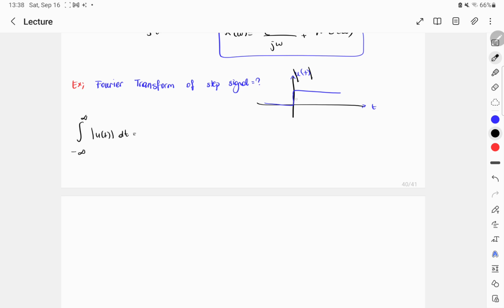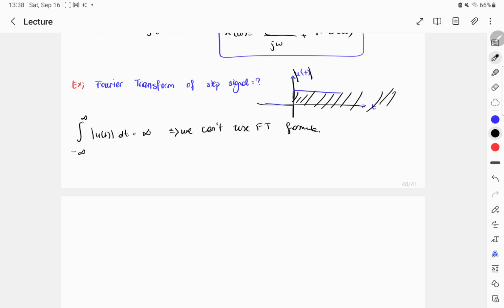So if we tried to integrate all the area underneath, we would see that it gives us infinity. Our condition was that the integral be less than infinity to use the formula. However, as it is equal to infinity, we can't use the Fourier transform formula.